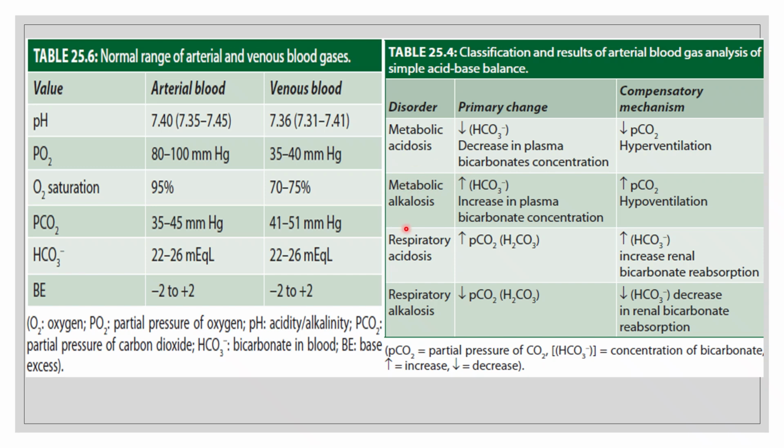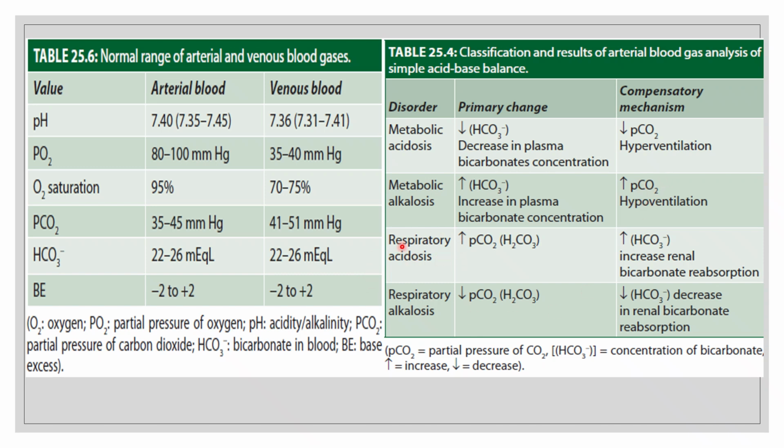Then in metabolic alkalosis, there is an increase in the plasma bicarbonate concentration. Compensation is through hypoventilation in order to increase the partial pressure of carbon dioxide, means to conserve the carbon dioxide.